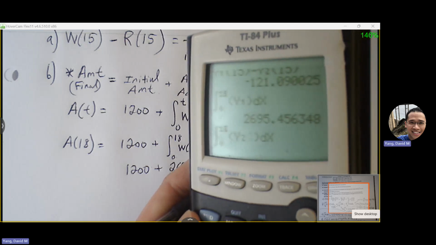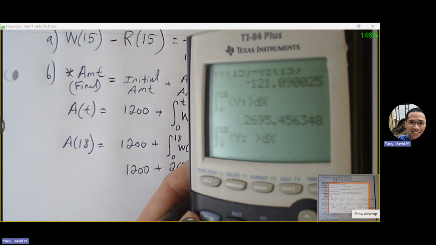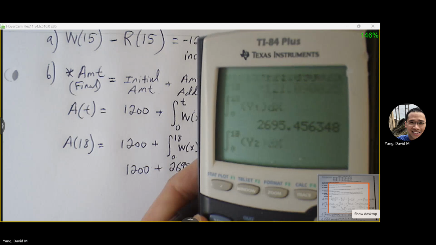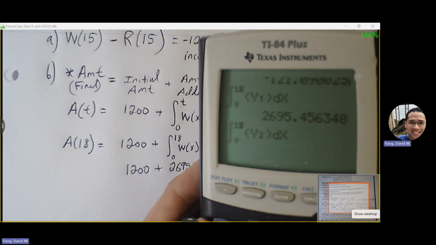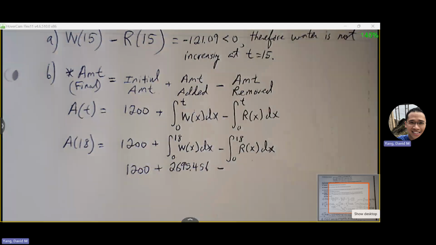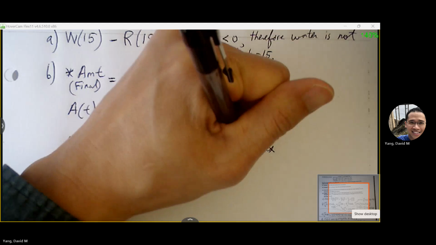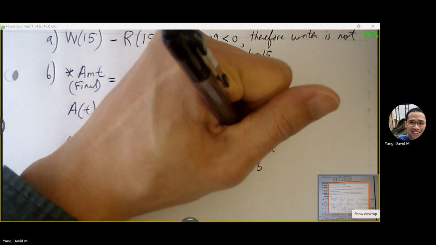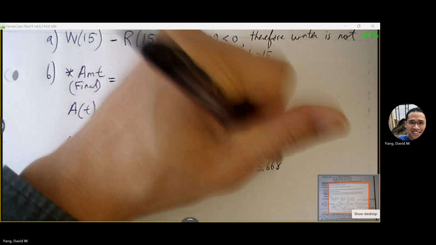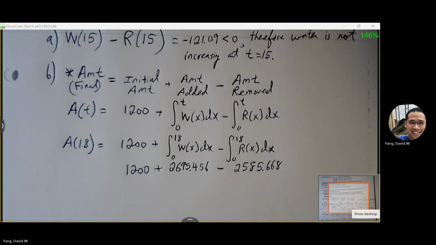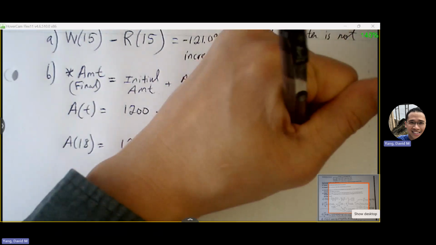And I'm also doing math 9 of y2 from 0 to 18 as well. This is how much I want to remove, 2585. Add those together, I got around 1310 gallons.